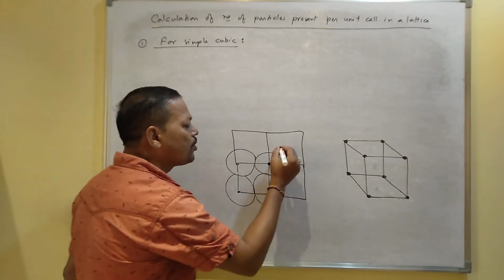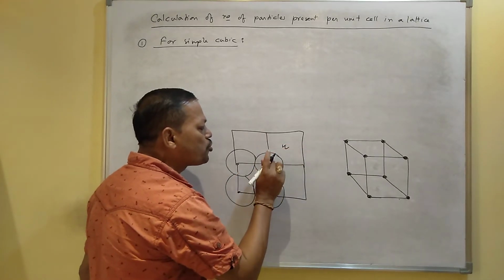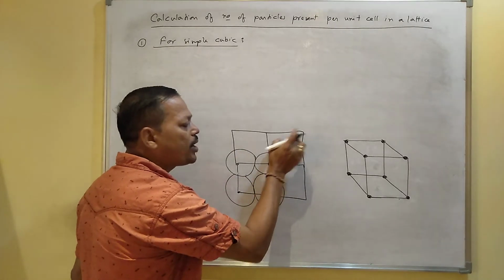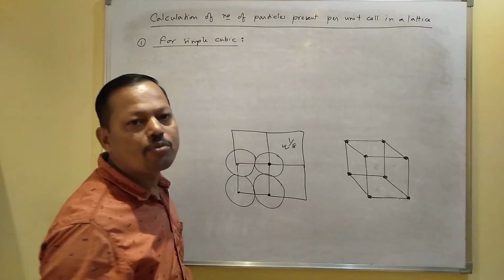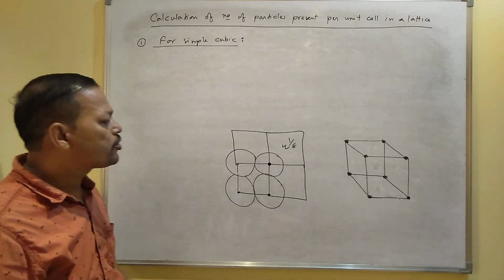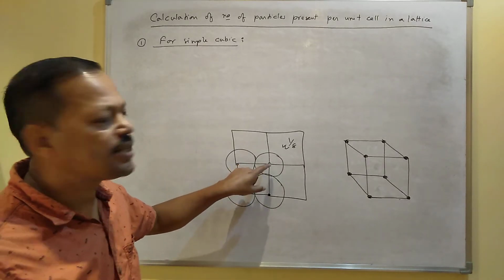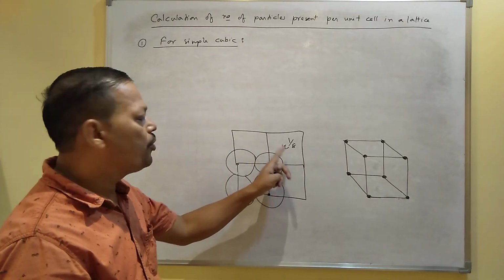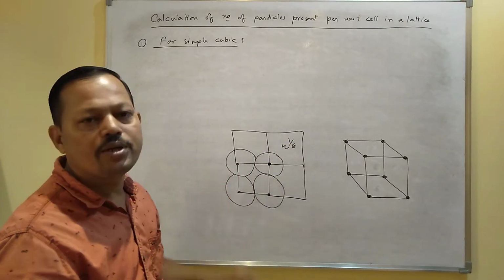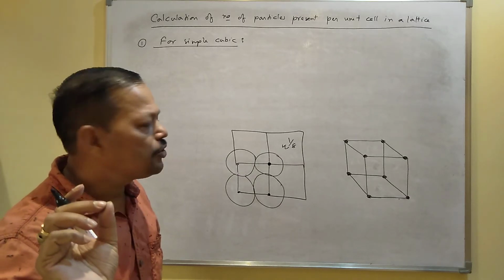So how much portion of the particle does one unit cell get? It will get only 1 by 8 part of the particle. Have you got it? Because one corner particle is shared by 8 cubes, that is why one cube will get 1 by 8 part of the particle. Is it clear to you?